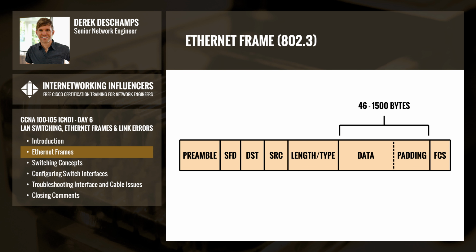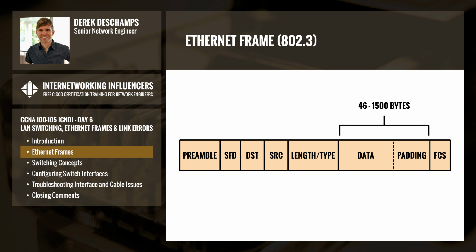An 802.3 Ethernet frame consists of 7 fields. The preamble field is used for synchronization. The start of frame delimiter, or SFD field, is used to indicate that the destination address field will begin with the next bit.